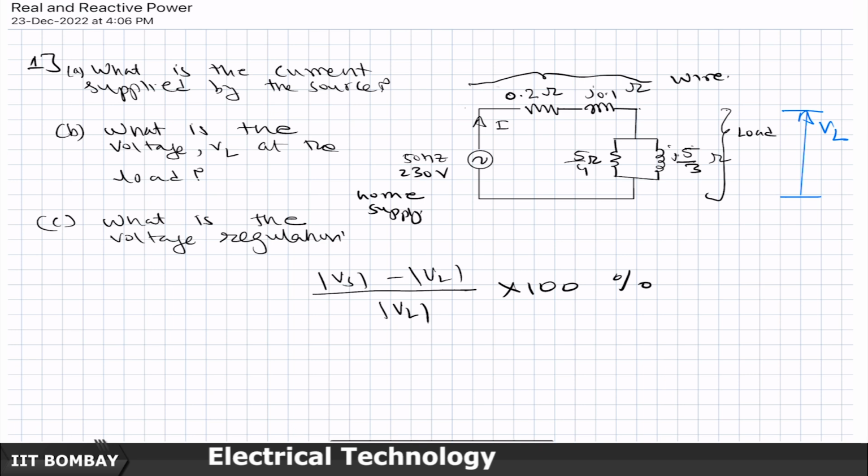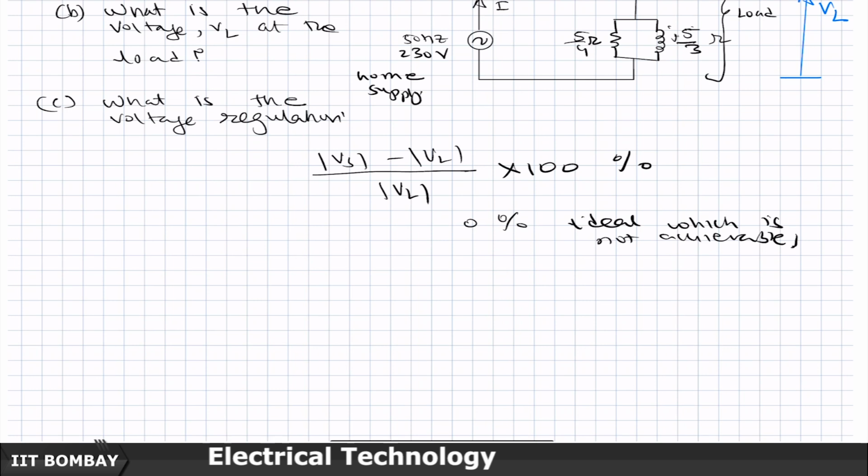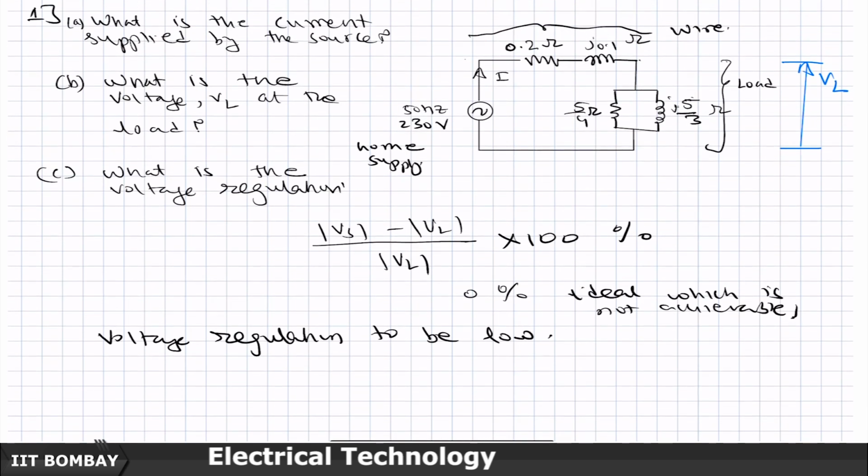Suppose these wires were perfect wires, that means this impedance here was 0, then V L would always be equal to V s, and so 0% voltage regulation is an ideal which is not achievable, but generally speaking we want the voltage regulation to be as low as possible.